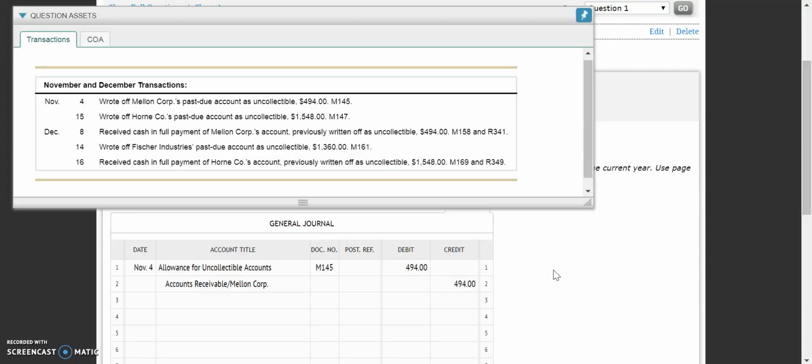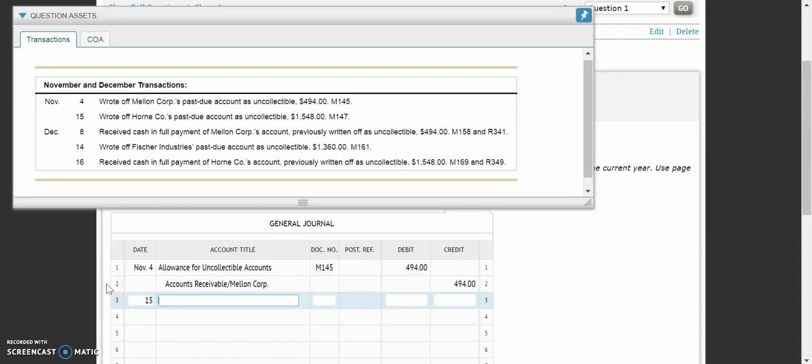Then it says on the 15th of November, we also wrote off Hornco's past due account as uncollectible. So again, it's going to look very similar except that the date and our numbers are different. So we put the 15th. We don't have to put November again.